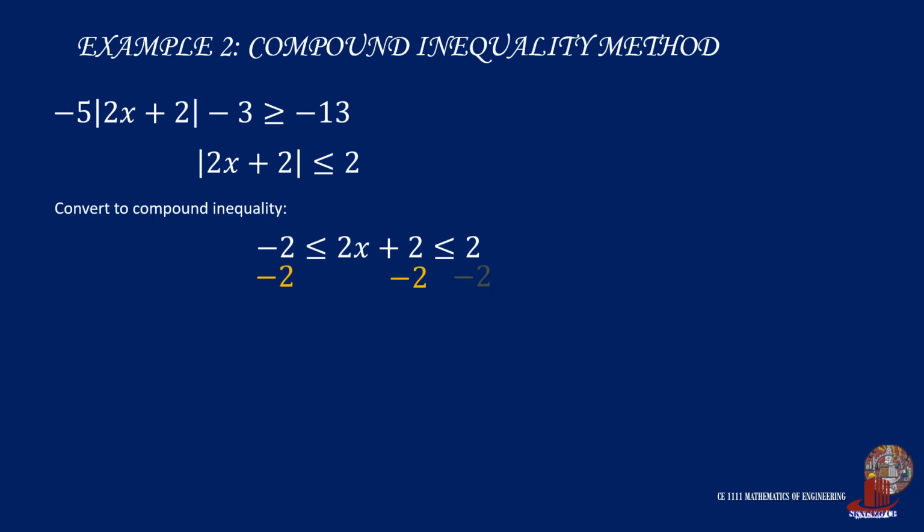Isolate 2x by taking away 2 on all sides, so we get negative 4 is less than or equal to 2x is less than or equal to 0. Then we can finally isolate x by dividing the inequality by 2. So we end up with negative 2 is less than or equal to x, which is again less than or equal to 0.